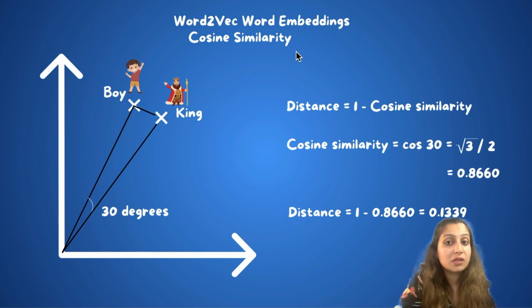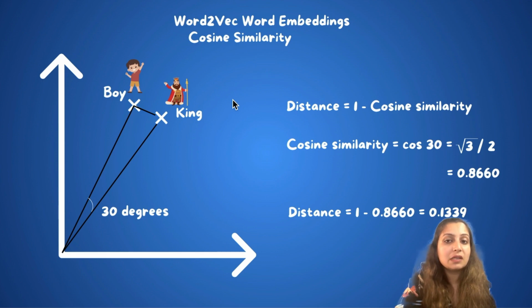Now what is cosine similarity? So, for example, we have two words, boy and king here in our two-dimensional vector space representation. And say suppose the angle between these two words is 30 degrees. So here cosine similarity is given by cos. So cos of 30 degrees would be root 3 by 2, which comes out to 0.866.